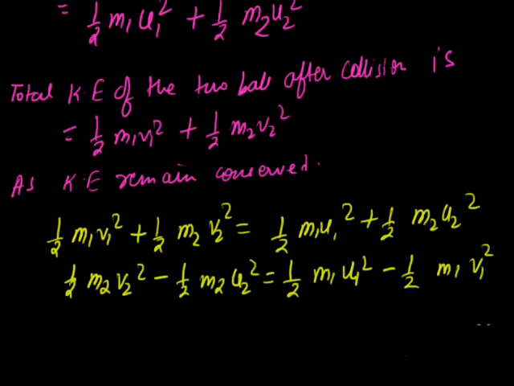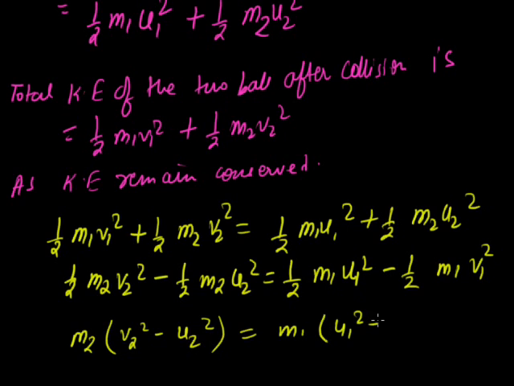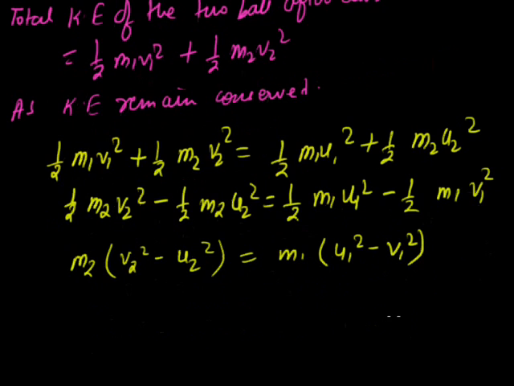Further, this can be written as m2 into (v2 square minus u2 square) equals m1 into (u1 square minus v1 square). So we get equation number 2.